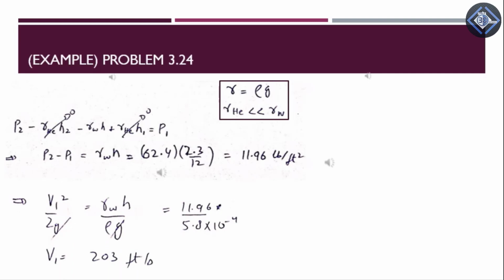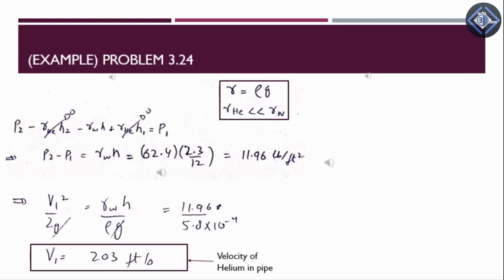So after evaluating, the velocity v1 of helium comes out to be 203 feet per second.